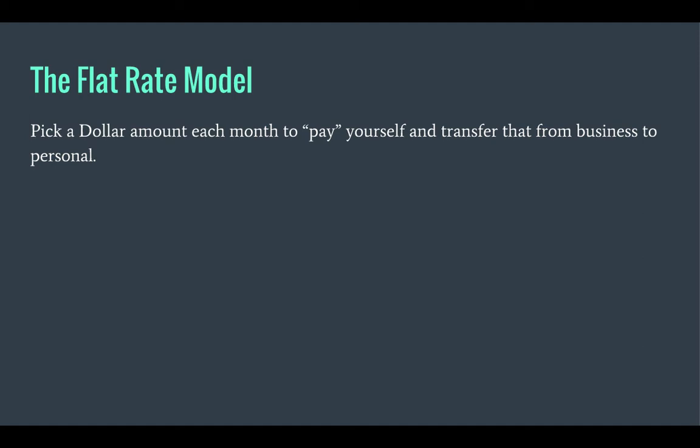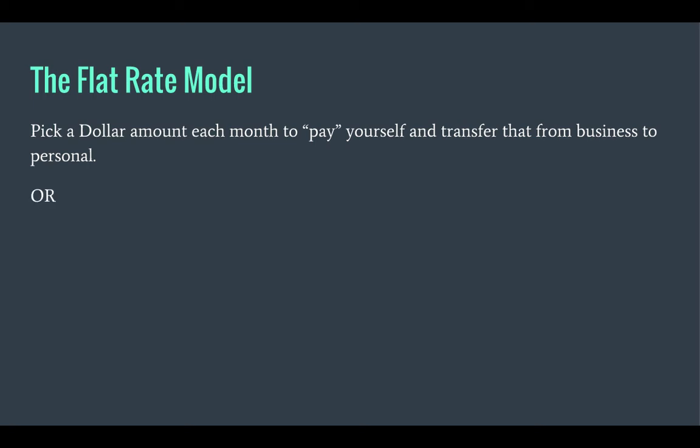You can choose to say, I know on my personal budgeting side that I need to pull in $500 or $1,000 or $2,000 a month to be able to cover my bills. So that's how much I'm going to pay myself.